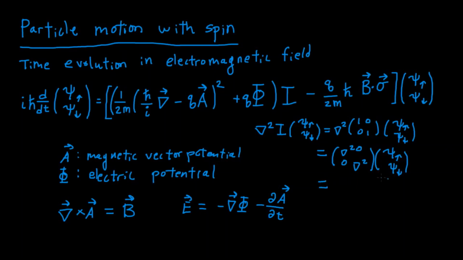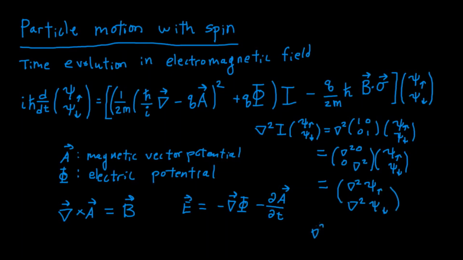Multiplying this matrix by this vector, we get the vector of functions: del squared acting on the spin up function, and del squared acting on the spin down function.